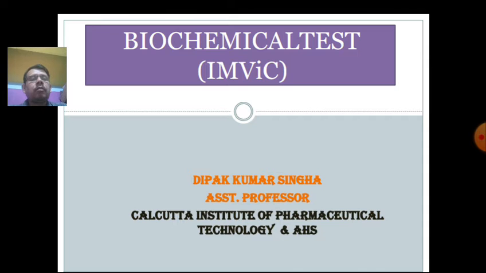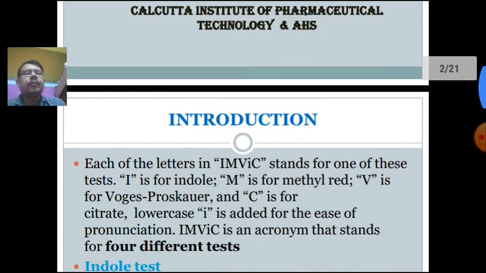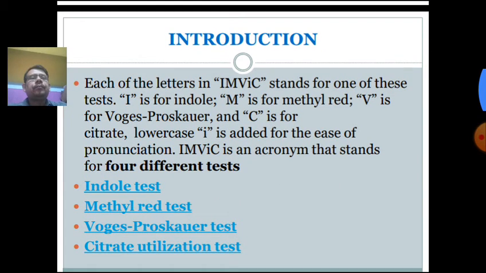Next we go to the biochemical tests for the IMVIC test. Each letter in IMVIC stands for a test: I is for indole, M is for methyl red, V is for Voges-Proskauer, and C is for citrate, and the lower-case i is added for ease of pronunciation.